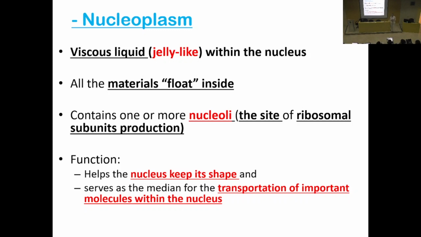Okay, clear? The transportation. Just imagine you have something like jelly fluid inside. So anything which is inside can circulate. It moves from place to place. It can be transported from one side to another side. It's liquid. It's not a rigid structure.